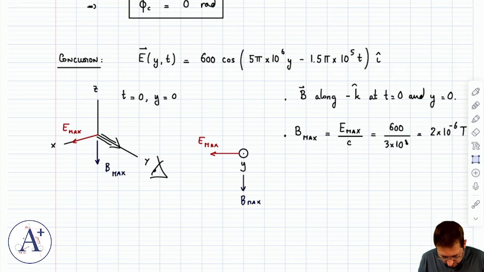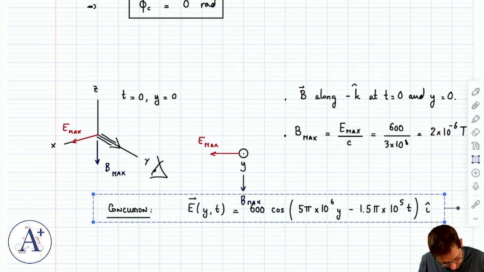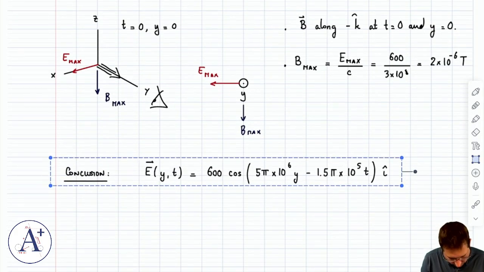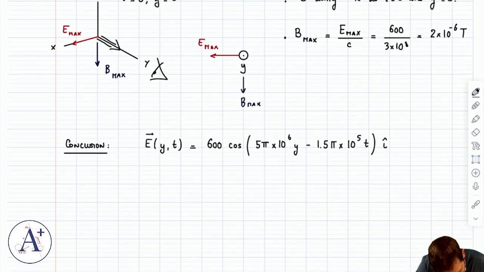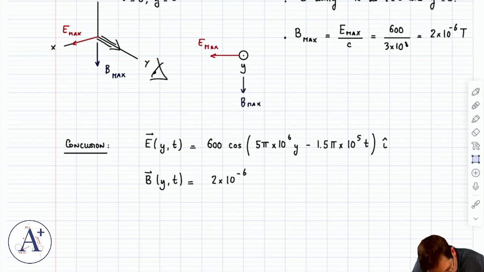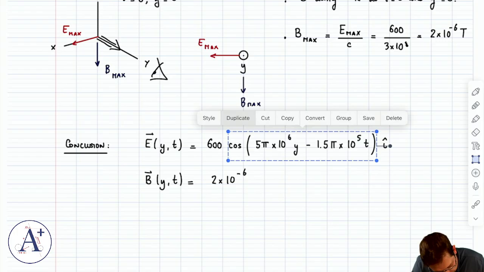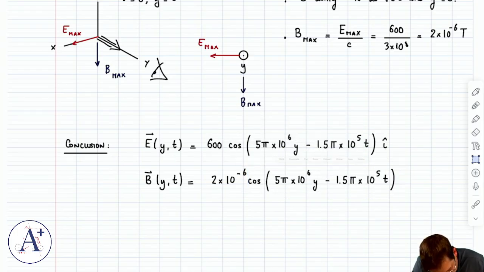Okay. So really, if I want to put my conclusion down here, so I only have one conclusion, I have E of y of t is this, and then B of y of t is going to be B max, which is 2 10 to negative 6, the exact same cosine, because B and E are in sync.